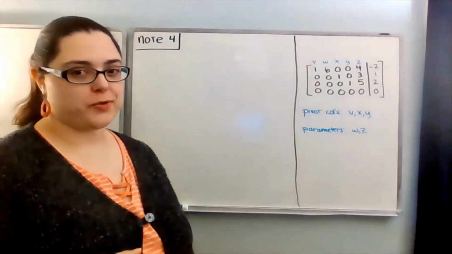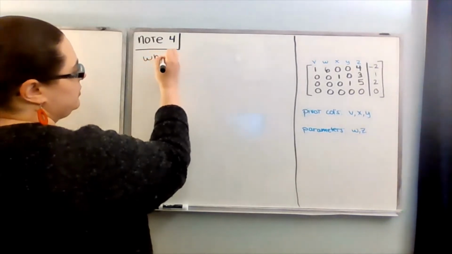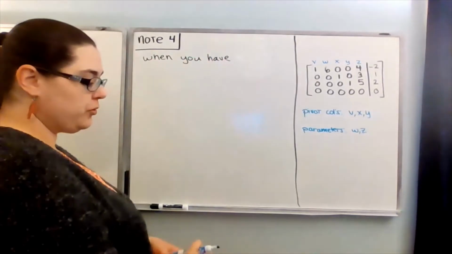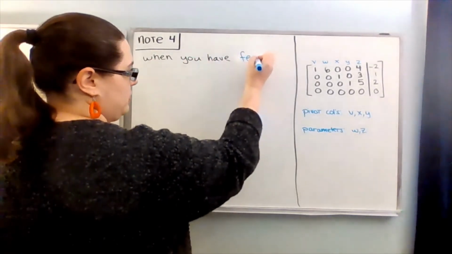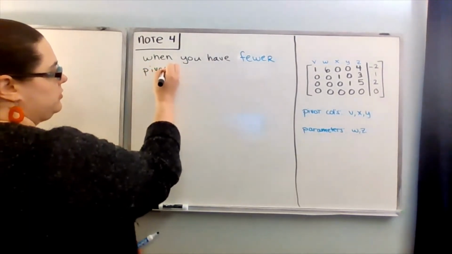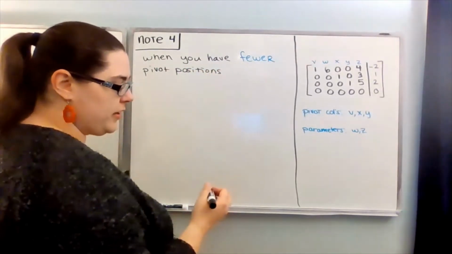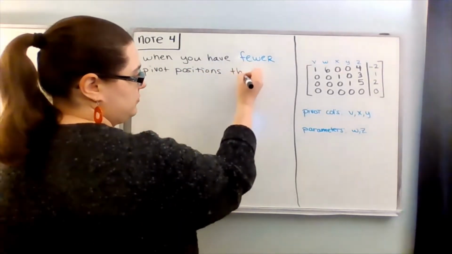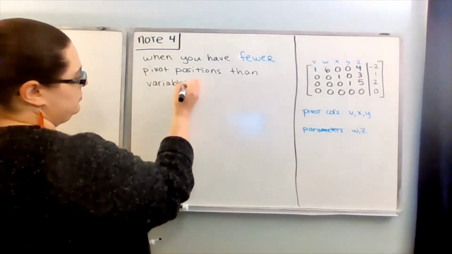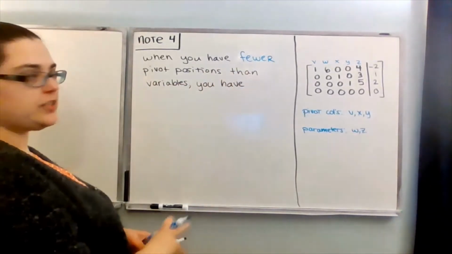So what note 4 is going to say is the following. When you have fewer pivot positions than variables, you have infinite solutions.